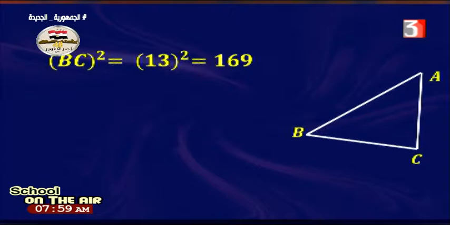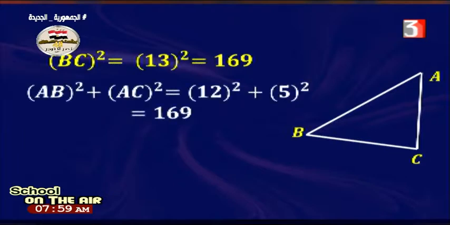What about the length of the other two sides? Yes, AC and AB, you are going to square them. So AB power 2 plus AC to the power of 2 equals 12 to the power of 2 plus 5 to the power of 2. By using your calculators, you are going to find the result as 169 also. What do you notice?